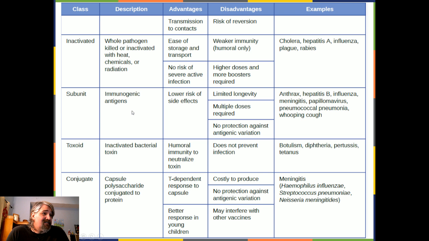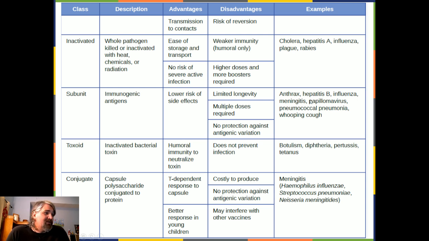Okay, subunit vaccines. So these are just the antigens, with lower risk of side effects. But the disadvantages are limited longevity, multiple doses required, and no protection against antigenic variation. This is our current problem with pertussis, whooping cough. We lost at least one of the antigens that we were using in the subunit vaccine. That's the acellular, the Tdap or the DTaP. AP is acellular pertussis.